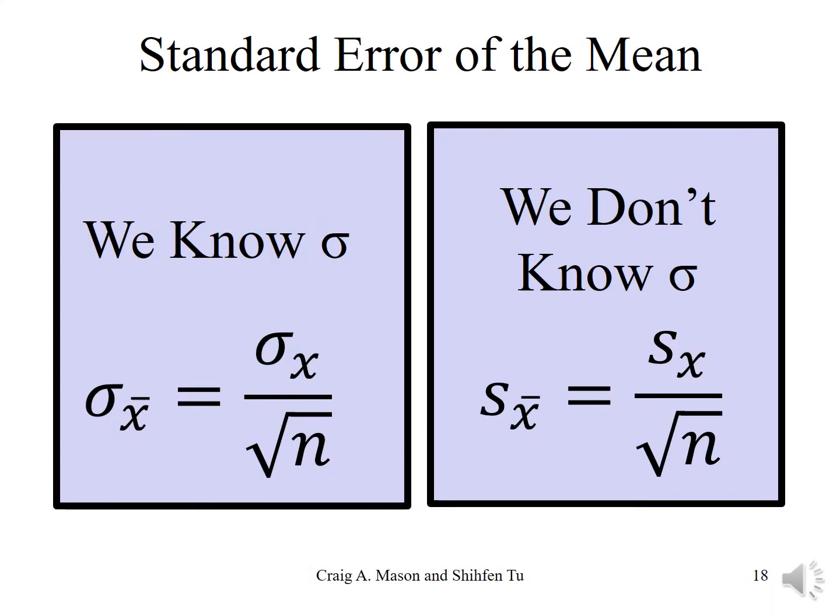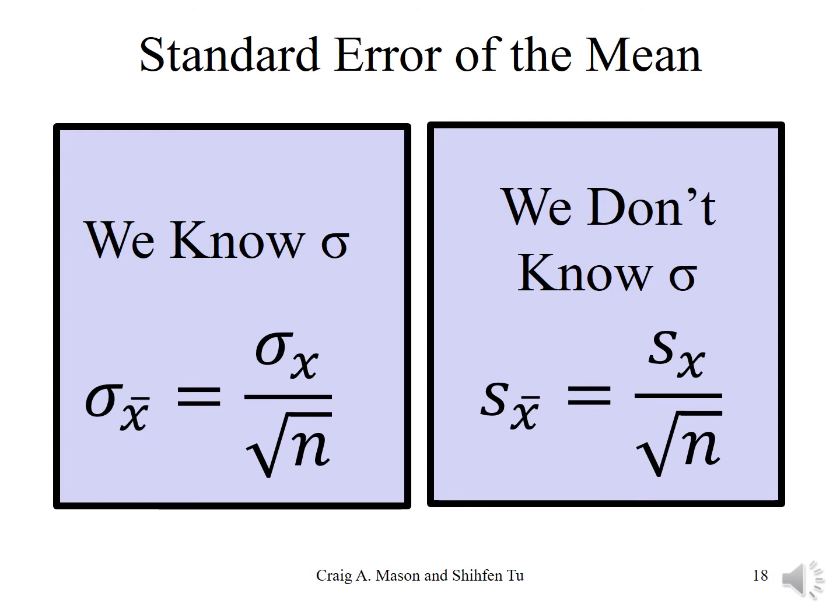Now, what if we don't know the population standard deviation sigma? What then? Well, I'm jumping a little bit ahead of ourselves, but for me, this is where the statistical magic really kicks in. It's the same thing. In later videos, we'll see that we just use our estimate of the population standard deviation. Remember, that's the lowercase s, our inferential statistics standard deviation, that we use to estimate the population standard deviation.